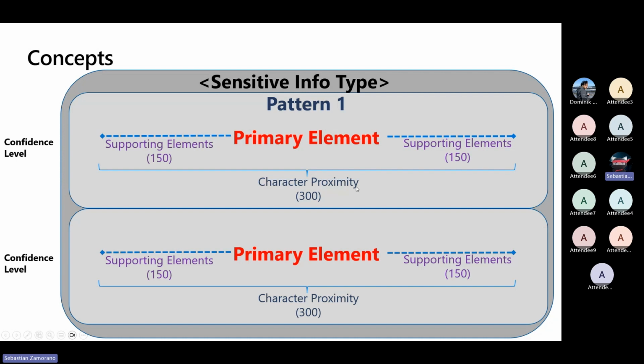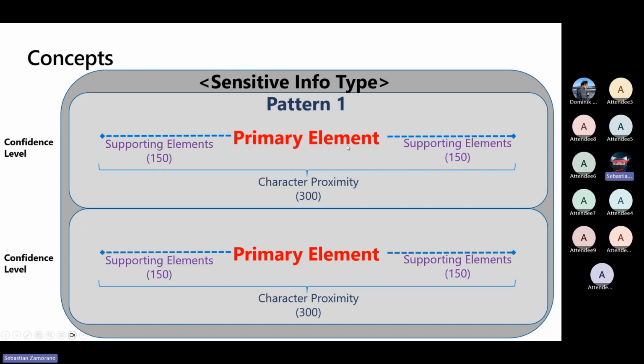If we don't have the primary element, the search engine for the sensitive information types will not work. The primary element is the object that triggers the search for more evidence.